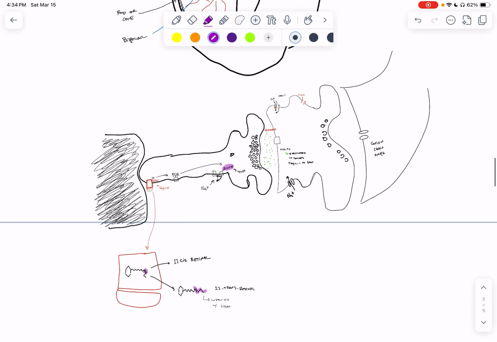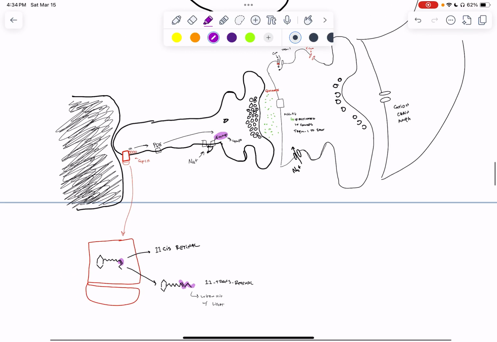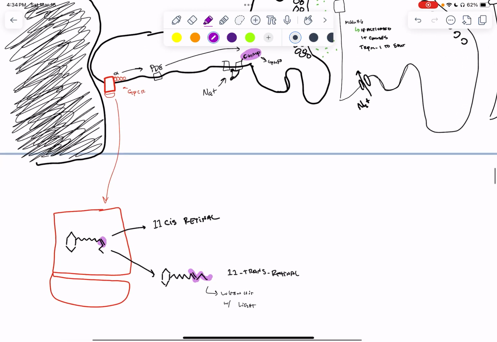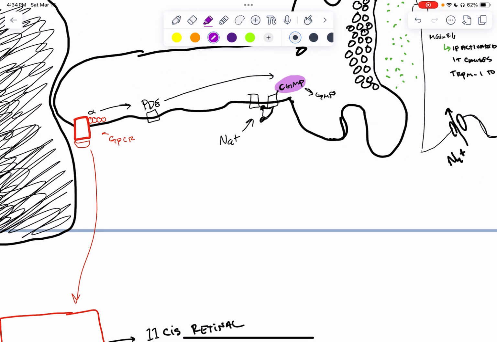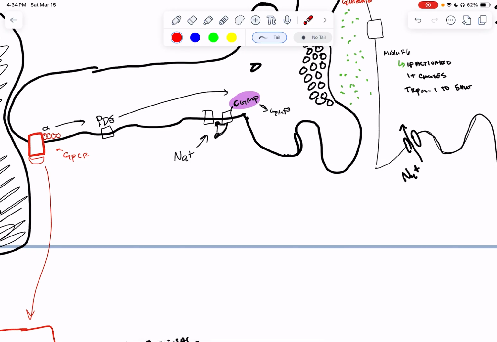So let's say the reverse happens. Let's say no light hits this G protein coupled receptor. If no light hits the G protein coupled receptor, that means this alpha subunit right here is not going to get turned on, which means it's not going to activate the phosphodiesterase, which means it's not going to change cyclic GMP into GMP.